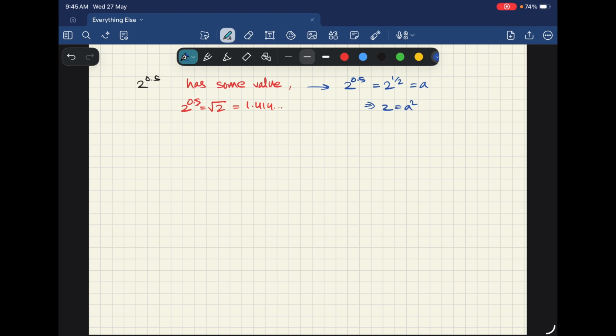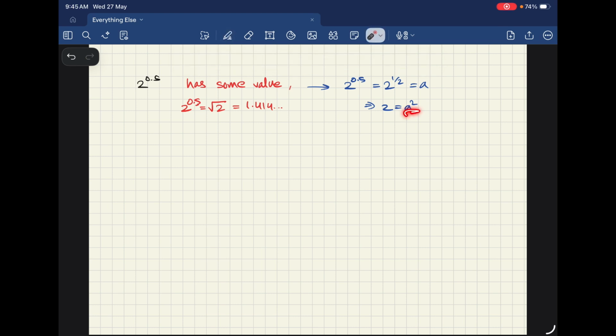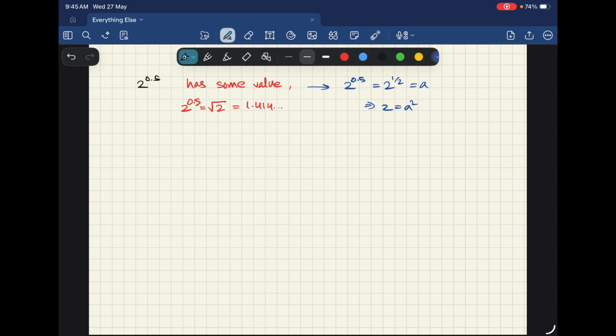So our target is to find the number a such that the square of that number equals 2. For that, we will start with a guess, right? Let's say our a is 1. What is 1 square? 1 square is just 1. Well, it's far less than 2, right? So let's change our number, okay?